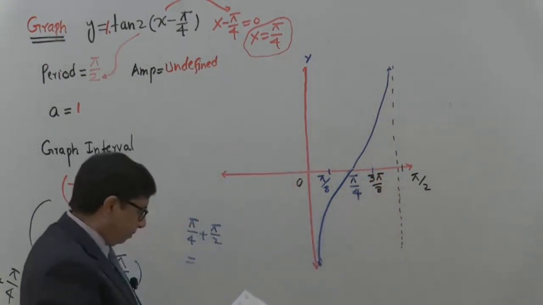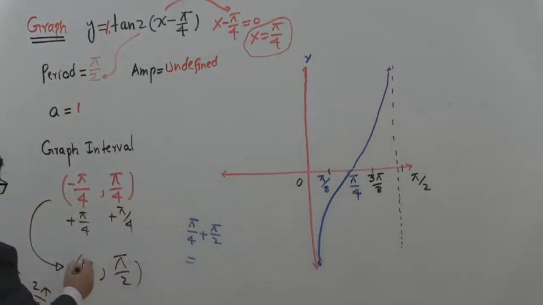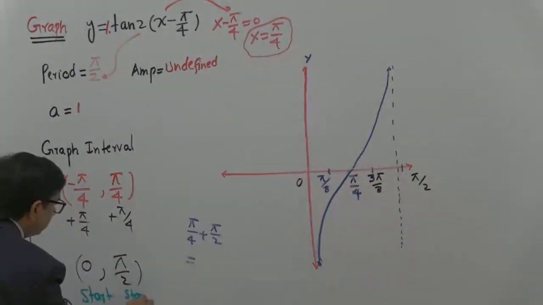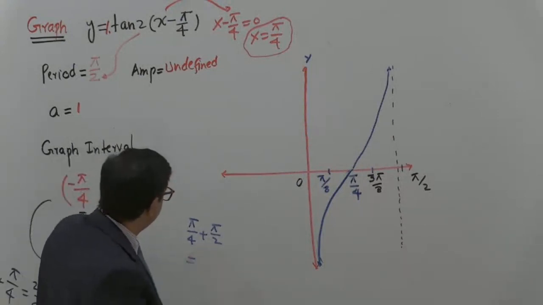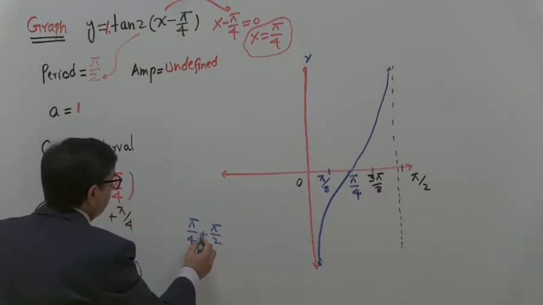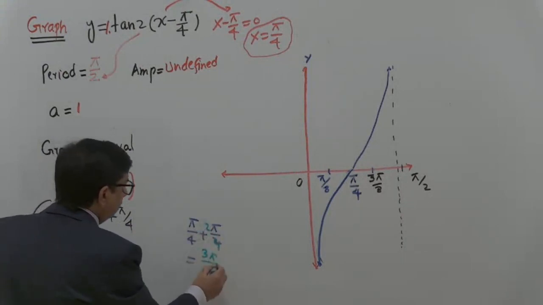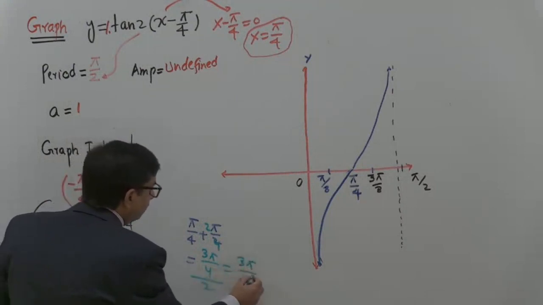So our start is where? Our start is here basically. This is our start. Three pi over 4 and divide by 2. Yeah, 3 pi over 8.